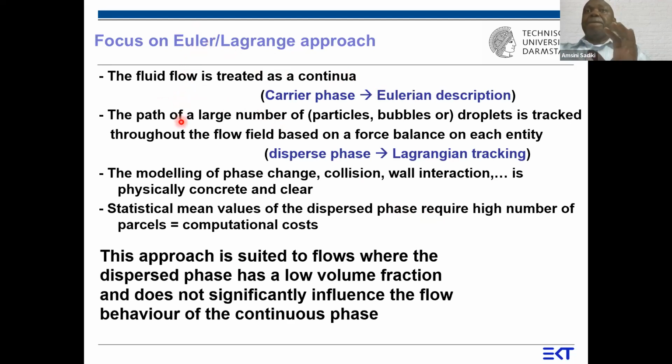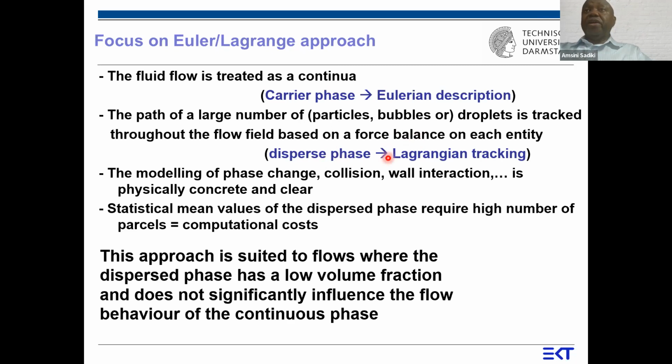The trajectory of a large number of particles, which can be droplets, solid particles, or bubbles, is tracked throughout the flow field. We base it on the force balance on each particle. This is what we introduced yesterday, the BBO equation.